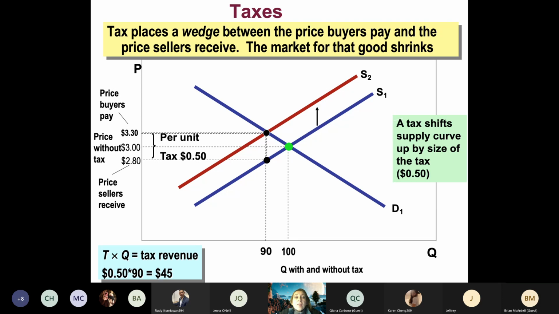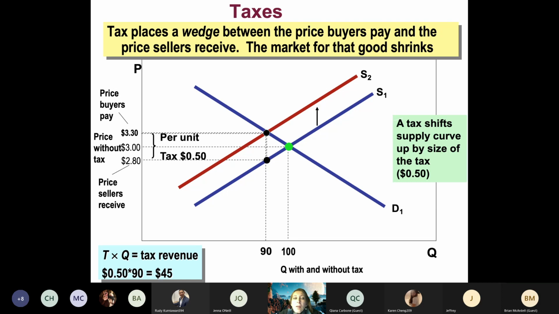So once upon a time on this graph, something like, let's say, a fancy bottle of imported beer used to cost $3 before tax, and 100,000 of those units were sold, perhaps, in a certain location.